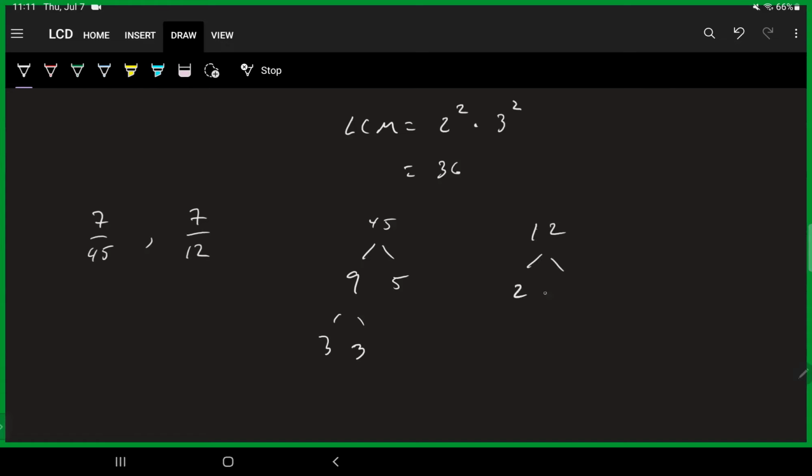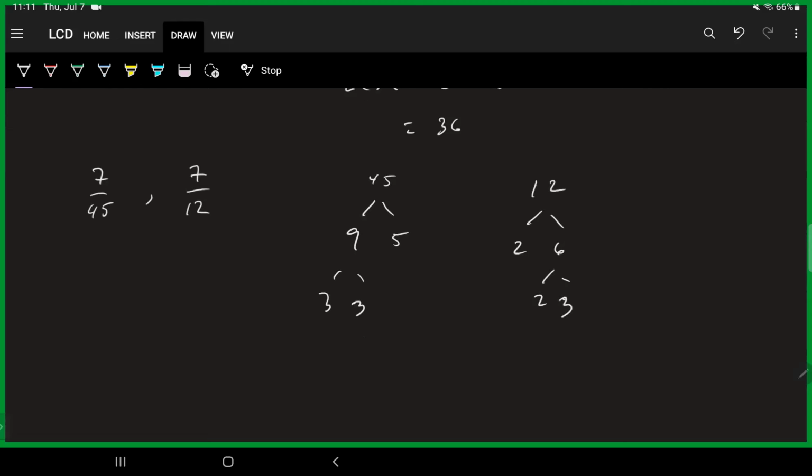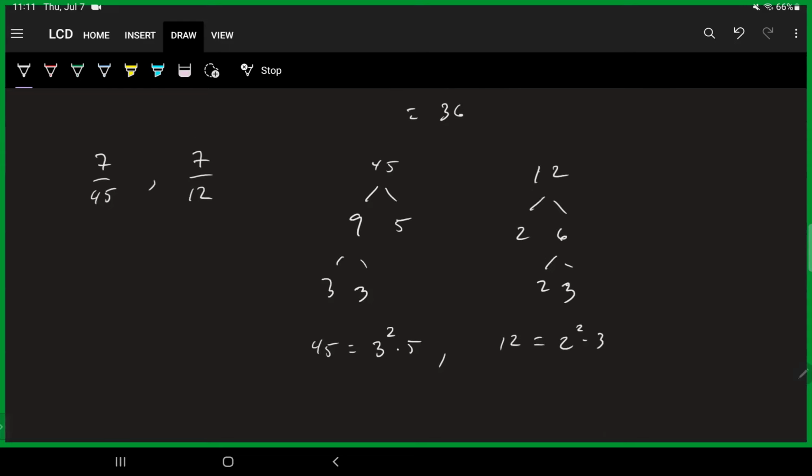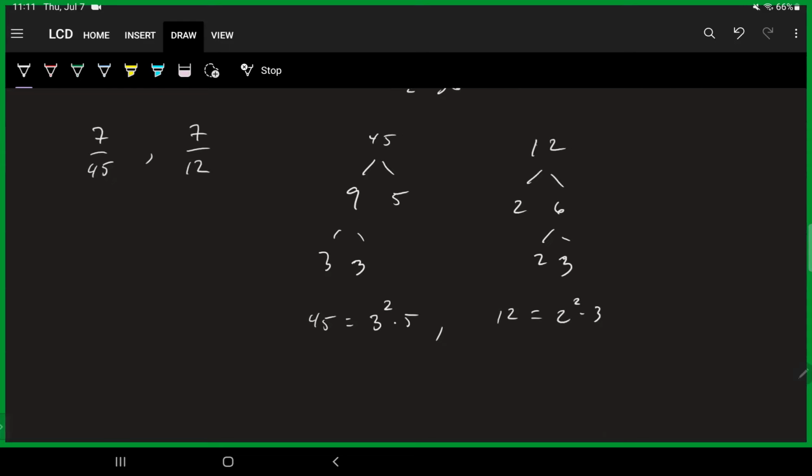And we know that's 2 times 6 and 2 times 3. So 45 is 3 squared times 5, and 12 is 2 squared times 3. Okay, so there's a few more factors here to work with. So my LCM of 12 and 45 is going to have a 2 squared in it. It's going to have a 3 squared, and it's going to have a 5.